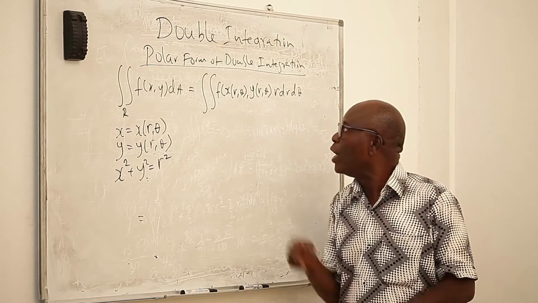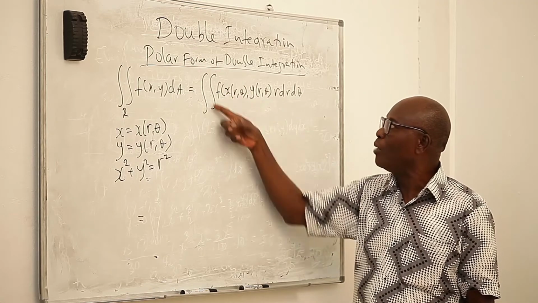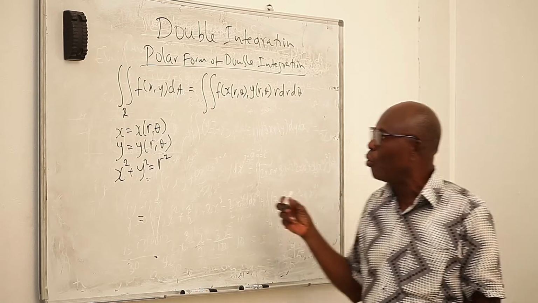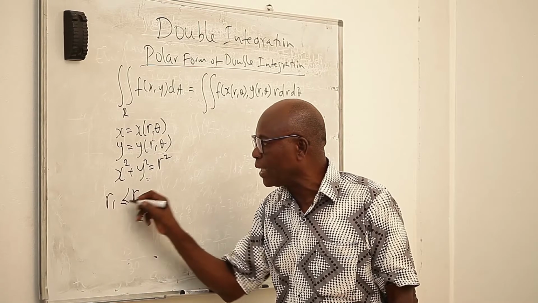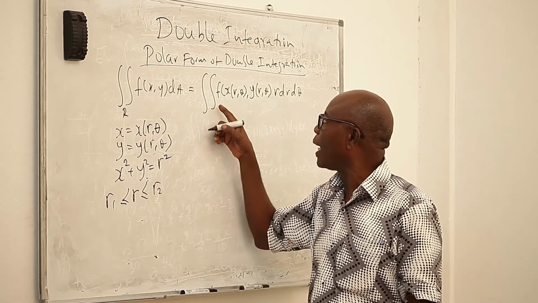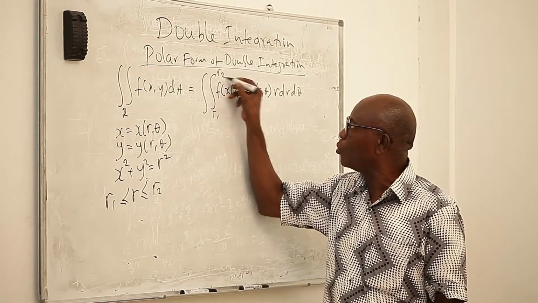If you are working with r first, then we are dealing with the iterated integral of the inner part. If our radius is between a certain r1 and a certain r2, then our limits become r1 and r2.